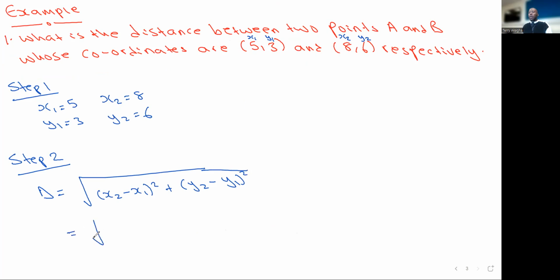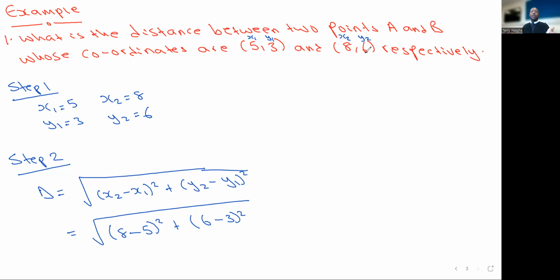That will give us the square root of 8 minus 5 all squared plus 6 minus 3 all squared. Usually you can also make this your x2, y2, and this your x1, y1. It does not matter, all right? It will give you exactly the same thing. But usually for me, I have a bias. I pick the first point as my first point and the second one as my second point.